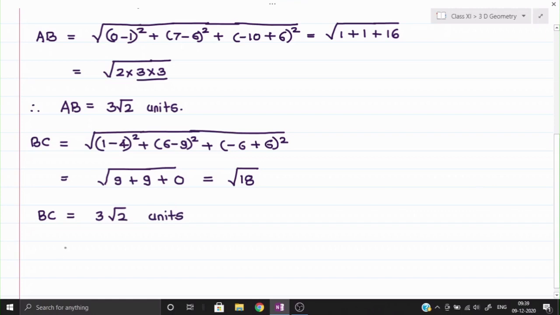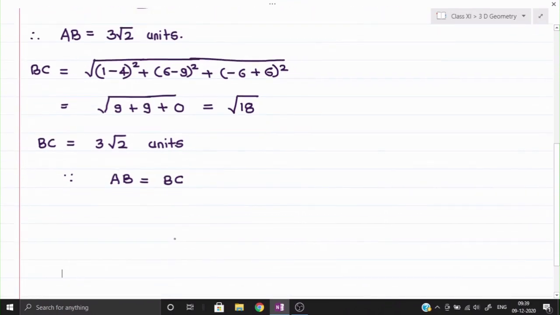So we can say that since the length of the side AB is equal to BC, we got in the triangle two sides equal, so we can say that therefore triangle ABC is an isosceles triangle.